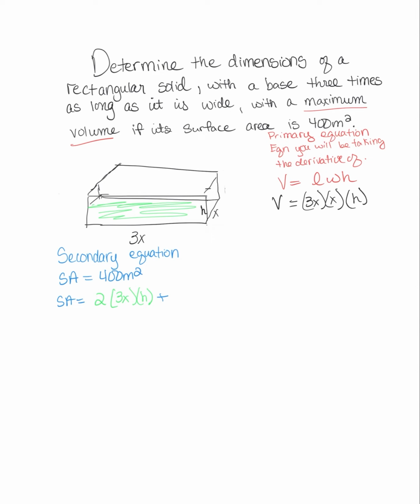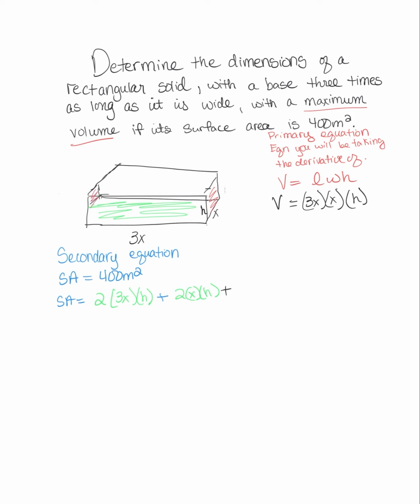we have two of these sides here, which is going to be x times h. So we have two of those. Okay. And then, let me color that in. All right, we have two of those.